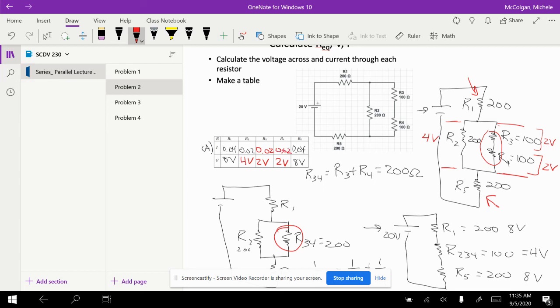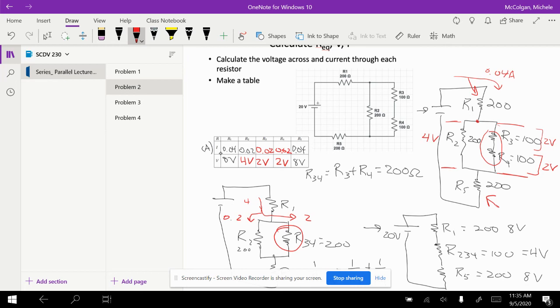And then I can just check to make sure that my Kirchhoff current rule about the node works. So I come into this node with 0.04 amps, going this way, it splits, and because these resistances are equal, if this is 0.04, then this has got to be 0.02 and 0.02.